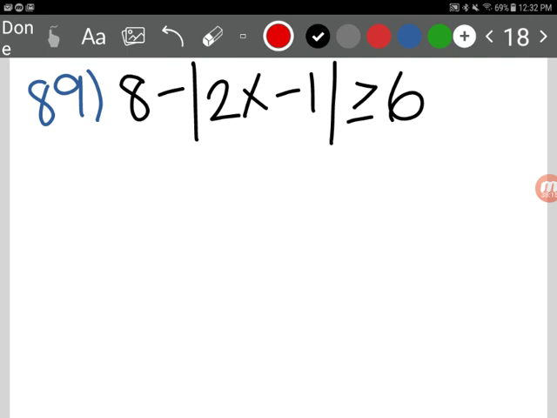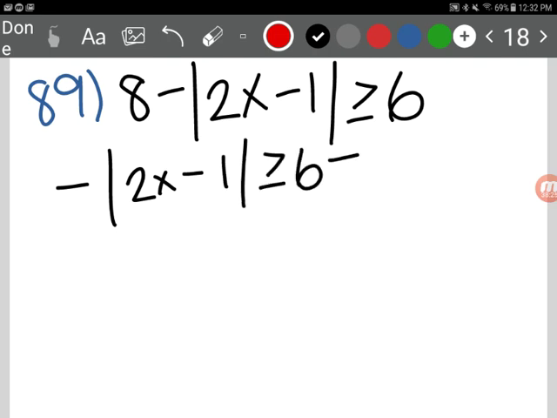So to do that, I have to subtract 8 on both sides. So I have the opposite of the absolute value of 2x minus 1 is greater than or equal to 6, subtracting that 8. So right here, we know that 6 minus 8 will give me -2. So the next step is I have to get rid of this negative sign here.